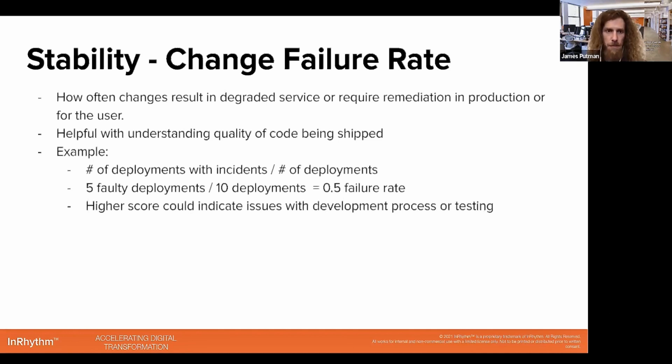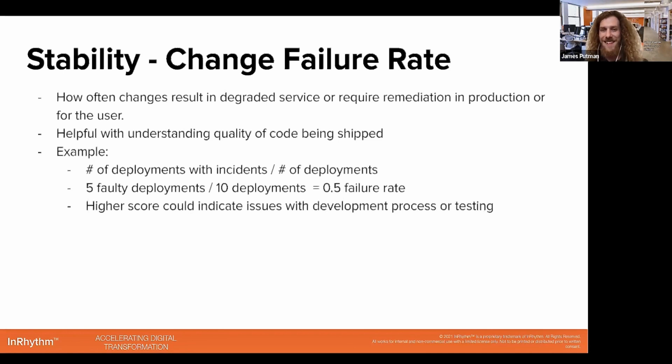So say you have 10 deployments within a given month, but 5 of those resulted in issues that need to be resolved within production. That would bring us to a 0.5 failure rate. A higher score could indicate issues with development process or testing, like I was mentioning. But again, with this one, you want to have a lower score.